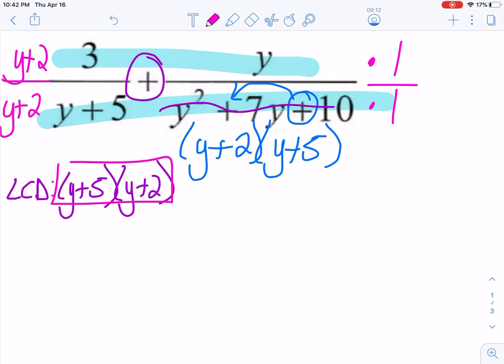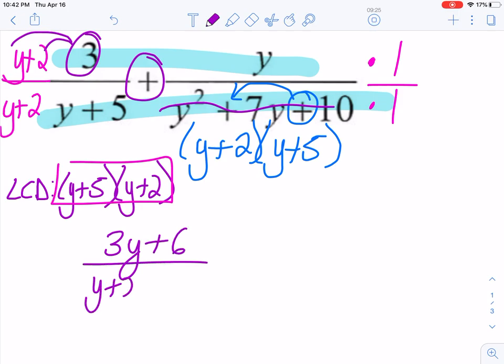So on my first fraction, I'm taking 3 times y and 3 times 2. Well, 3 times y is 3y. 3 times 2 is 6 over my LCD. Plus, over here, all I'm doing is taking y times 1 is y.